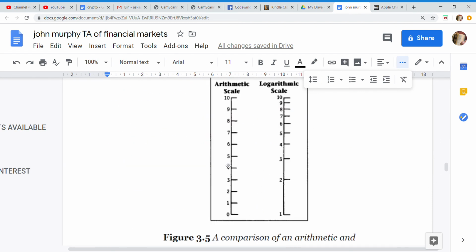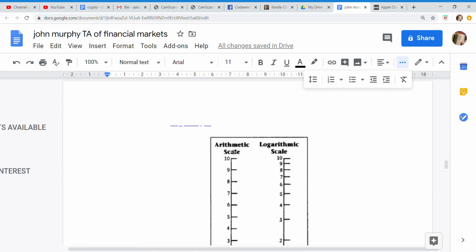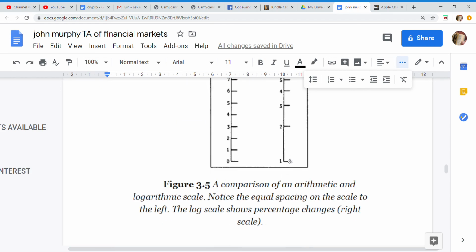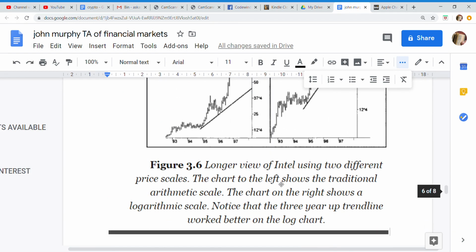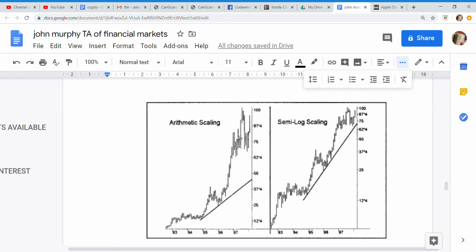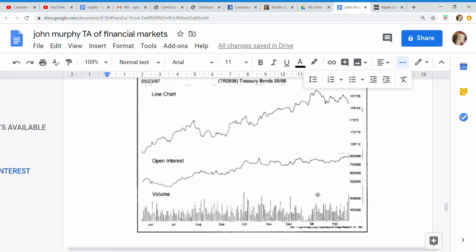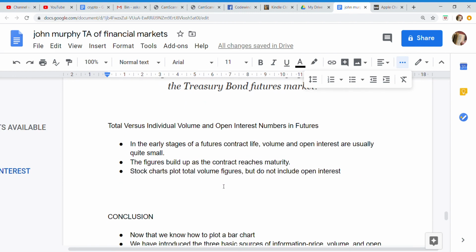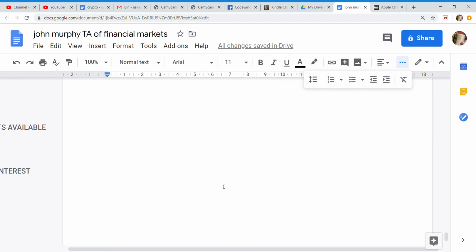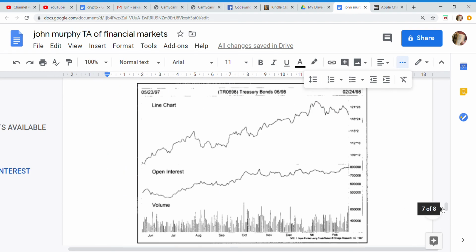Then we studied scales: arithmetic scale and logarithmic scale. And then volume. We studied volume, open interest, etc. So that's it for chapter 3.